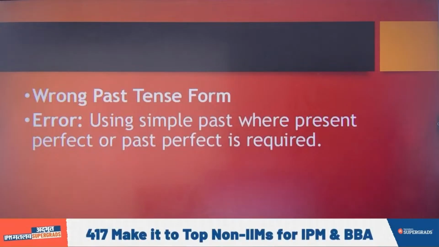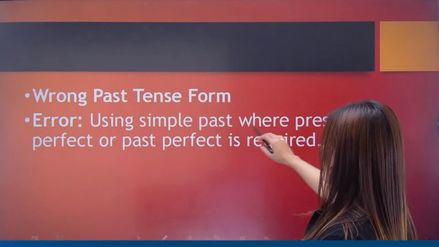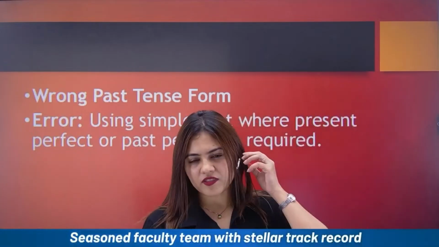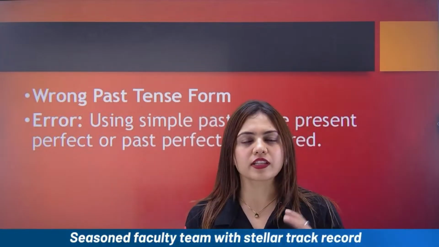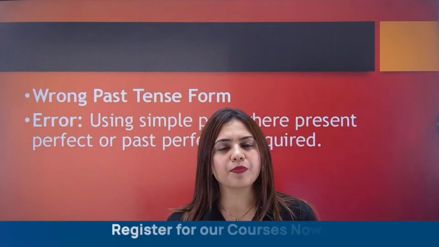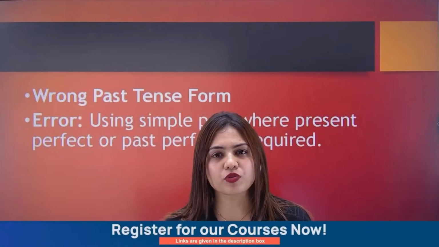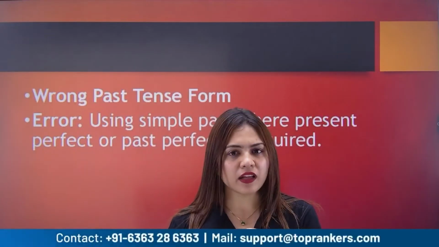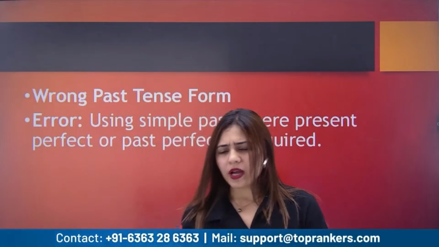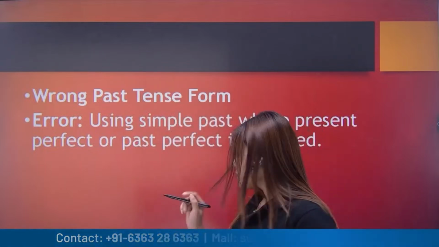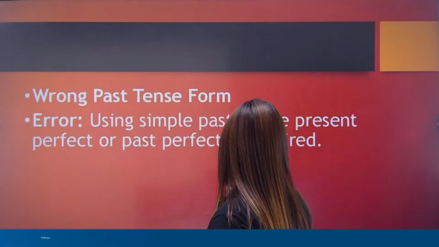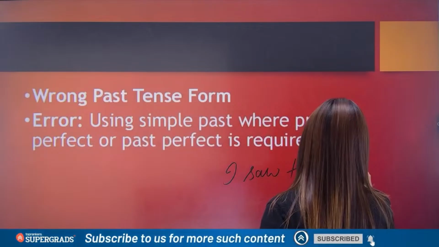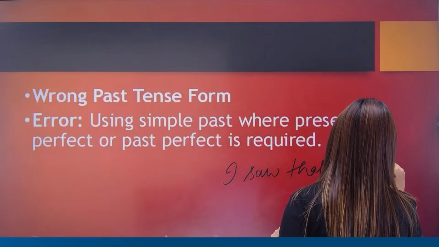Okay, moving to the next one, wrong past tense form. What does that mean? Using simple past where present perfect or past perfect is required. Simple past is where we use the second form of verb, for example, break, broke. वहीं पे अगर हम perfect की बात कर रहे हैं तो we are supposed to add the helping verb has and have in present tense and had in past perfect. Right? तो हम यहाँ पे देख सकते हैं, for example, I saw that movie already.